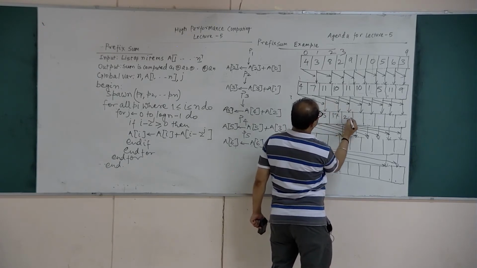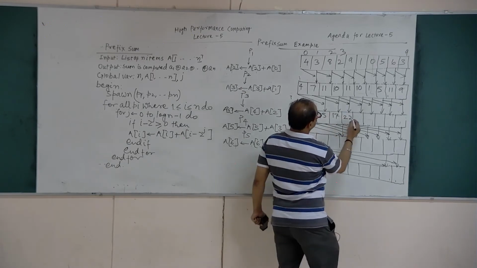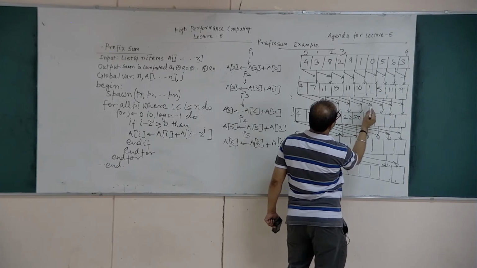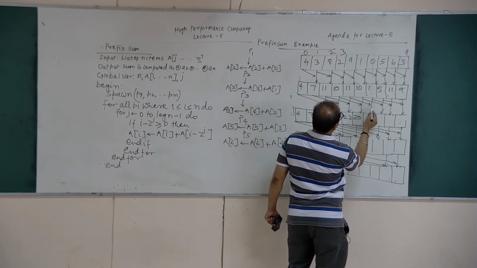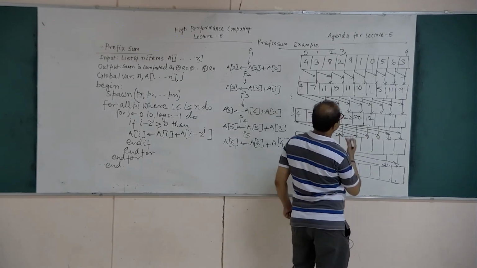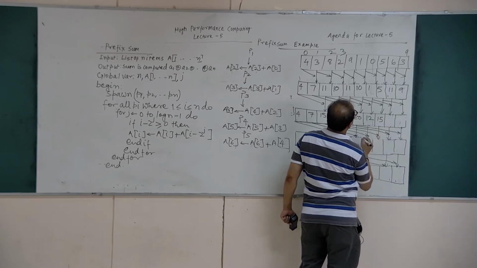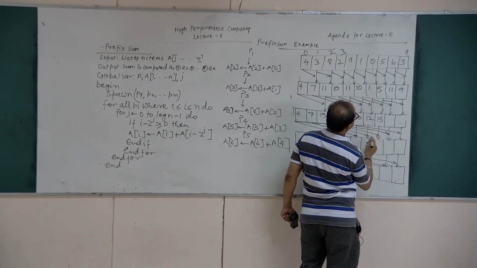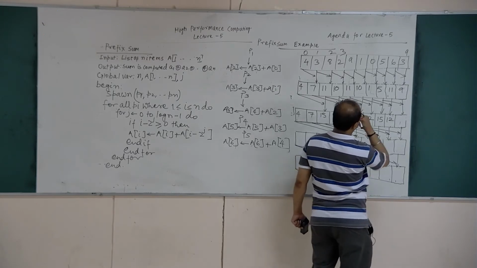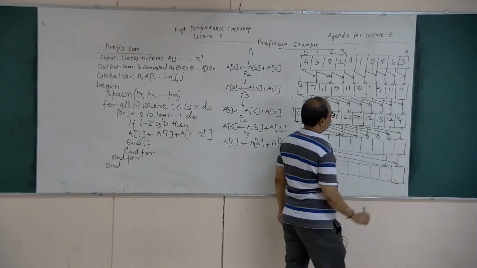11, so it will become 22, and 10 is added with 10, so it will become 20, and 11 is added now with 1, so it will be 12, and 10 is added with 5, so it will be 15, and 1 is added with 11, so it will be 12, and 5 is added with 9, so it will be 14.